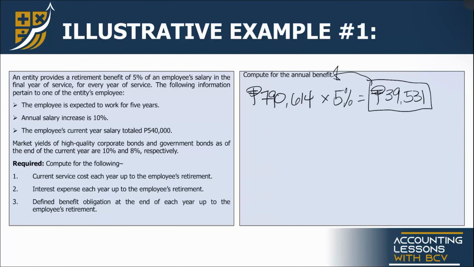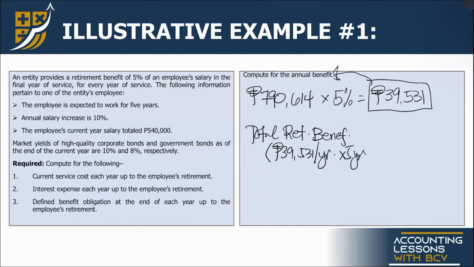Okay? So since that is an annual benefit, and ang sabi, ibibigay daw yan for every year of service, since the employee is expected to work for 5 years, so the total retirement benefit of the employee is equal to 39,531 per year times 5 years.